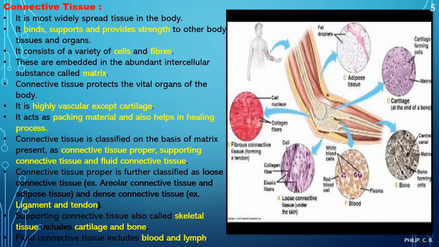Further, connective tissue is classified on the basis of matrix present as connective tissue proper, supporting connective tissue and fluid connective tissue. As I mentioned, they are classified on the basis of the matrix present in it. Further, connective tissue proper is classified into loose connective tissue, otherwise called areolar connective tissue, adipose tissue and dense connective tissue, which consists of ligament and tendon, which we will be learning further.